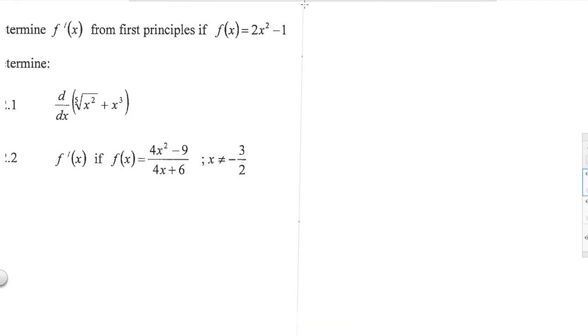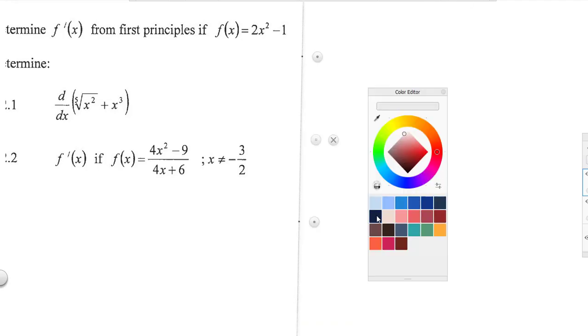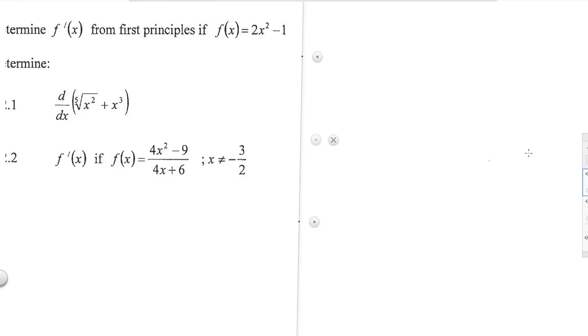So what do you need to know here? You need to know the formula, okay? The formula, which formula you can use from the first principle.